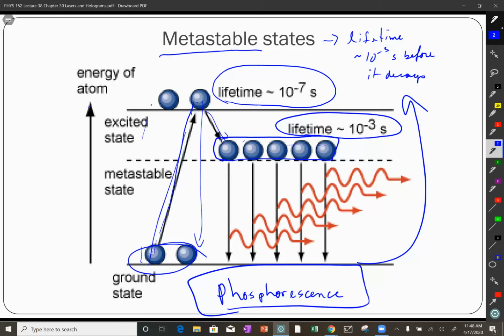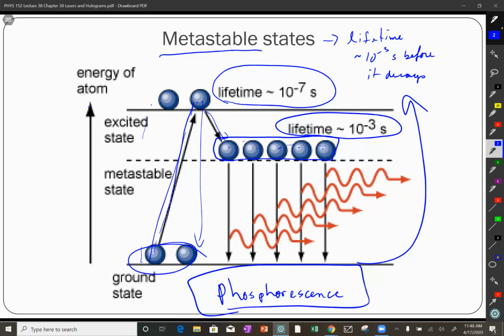And so when you turn off the lights, you have all of these electrons in excited states, and over the course of an hour, maybe half of them decay. And when they decay, they give off visible light, and so you see it glowing for an extended period of time after you turn off the lights. So that's how glow-in-the-dark things that you buy today work.